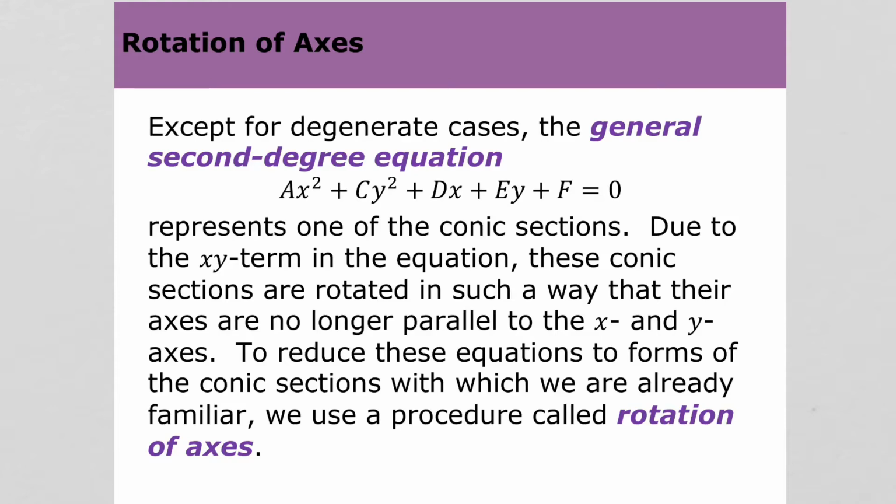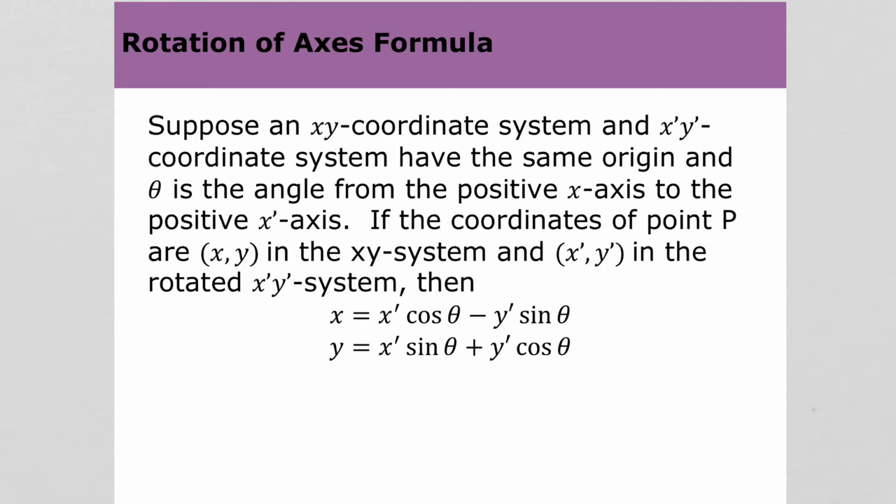When you rotate axes, then you're taking the x and y axes and you are rotating them by some degree. In order to do that, you've got to have x prime, y prime.